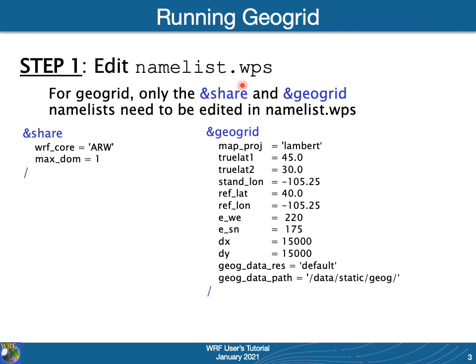As a general rule, when running any of the WPS main programs, there are two namelist groups that you need to edit. In all cases, you'll generally need to make edits to the share namelist group that's shared by all of the WPS programs. And secondly, you'll need to edit the namelist group whose name matches the name of the program that you're running. So in this case, before running the GeoGrid program, we'll edit the geogrid namelist group.